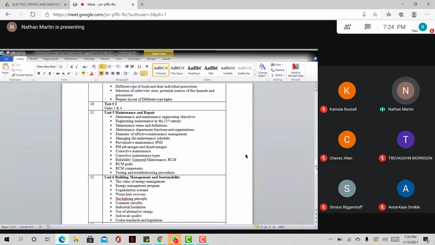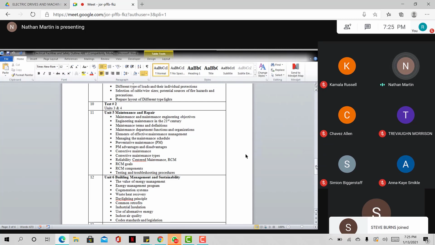All right, unit 6 will be looking at our building management and sustainability, right? This is where we look at the different renewable energy systems that are integrated in these buildings. One particular one I'll have you look into is the hybrid inverters, right?